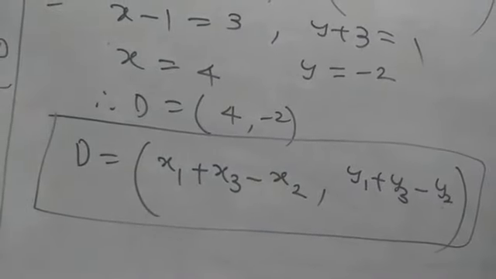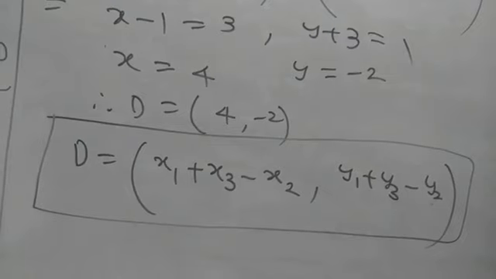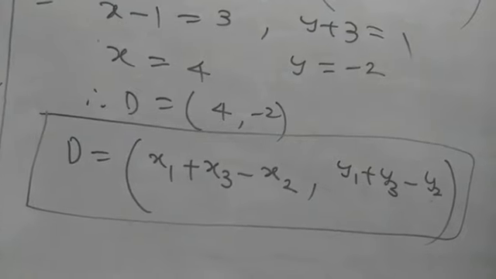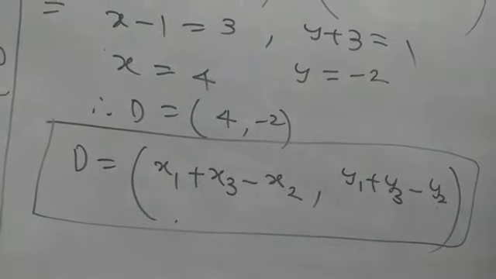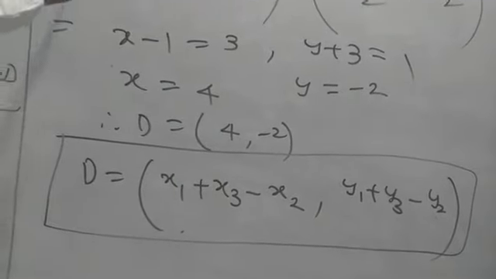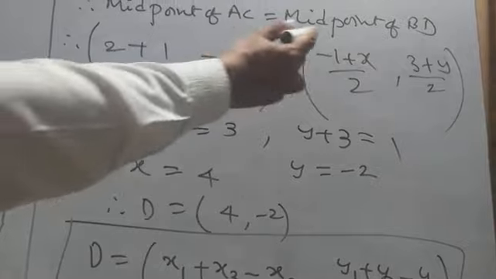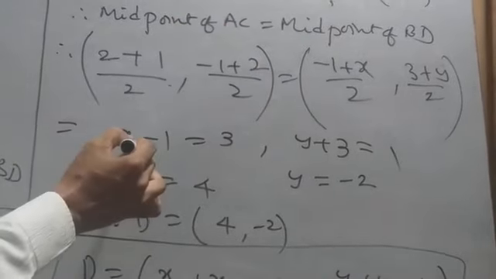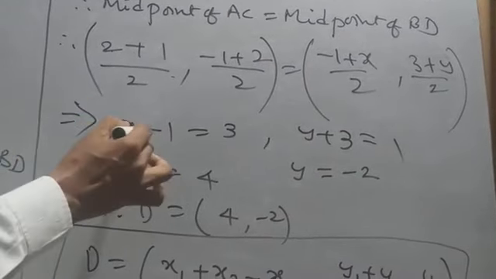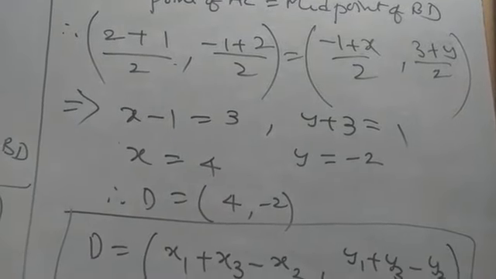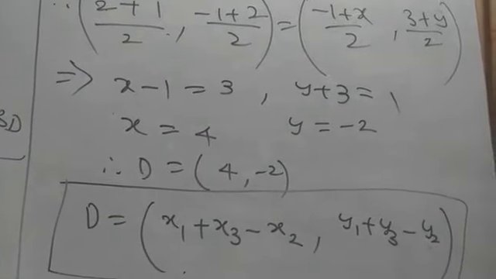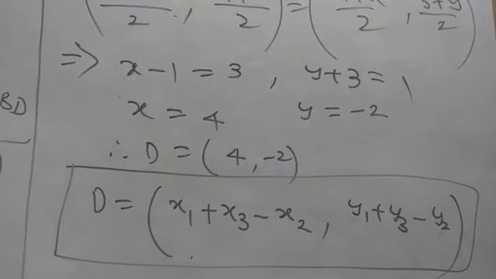It is obtained from the midpoint formula only. If you consider x1 and x3 on one side and x2 plus x on the other, we get x1 plus x3 equal to x2 plus x. So from this we got x1 plus x3 minus x2 as the point, and the other coordinate is y1 plus y3 minus y2.